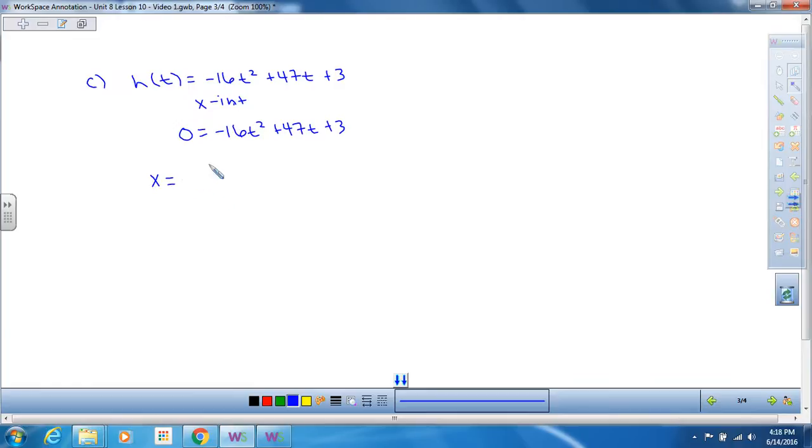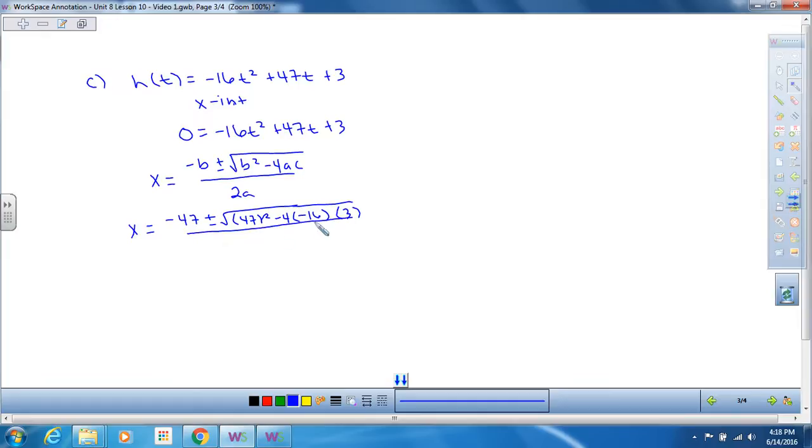Okay, so x equals, let me go ahead and write the formula out: opposite of b plus or minus the square root of b squared minus 4ac all over 2a. So negative 47 plus or minus the square root of 47 squared minus 4 times negative 16 times 3, all over 2 times negative 16.